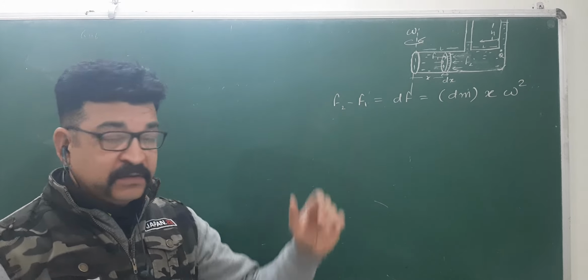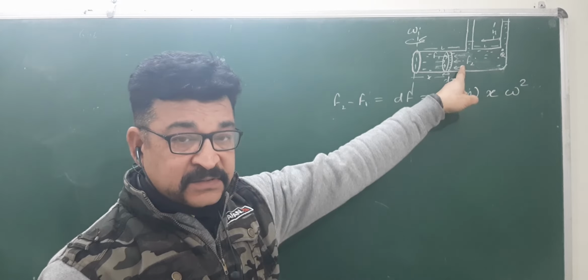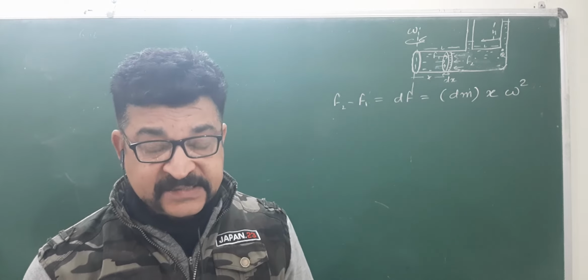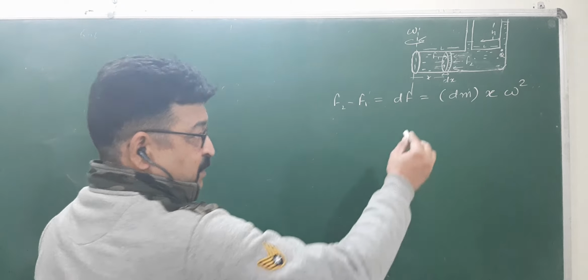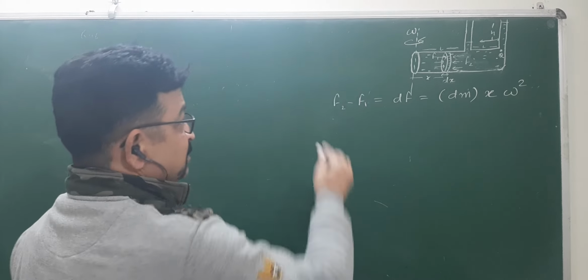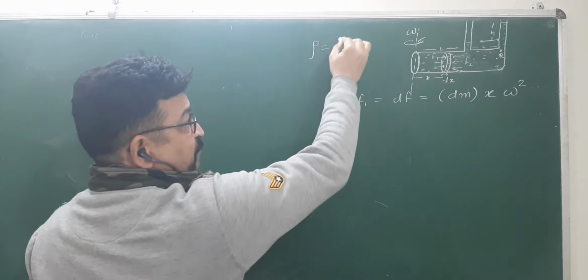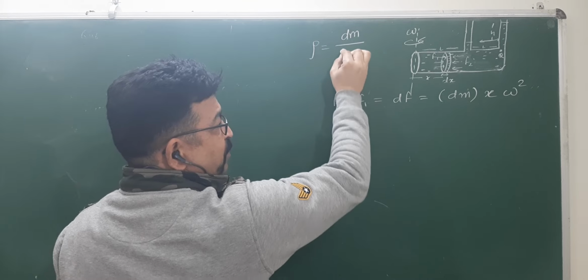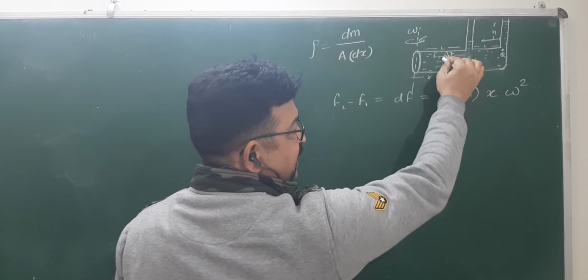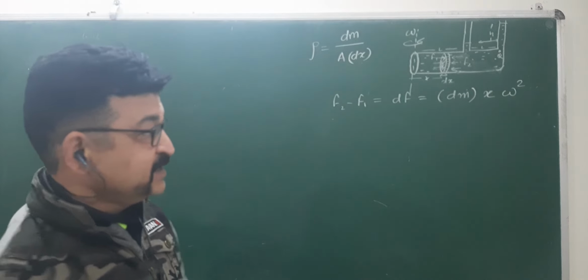So this is the net force, directed towards the center. That will give the necessary centripetal force. Let's find the small mass. The density of the liquid is rho, and density is mass upon volume. This small portion has cross-sectional area A and width dx.